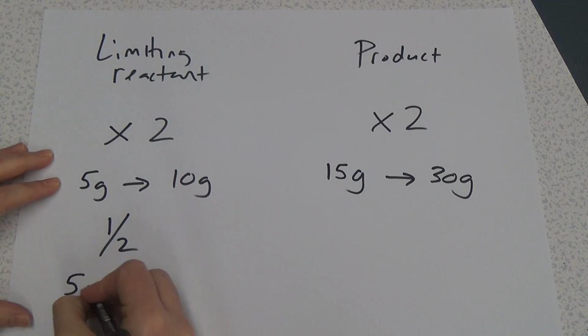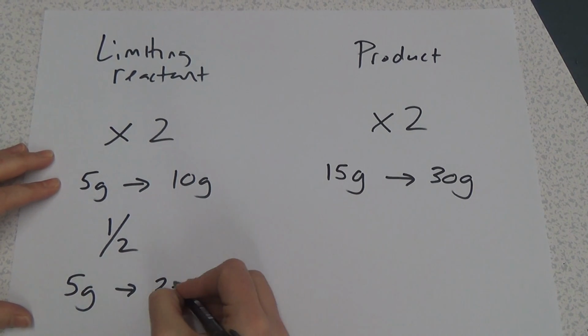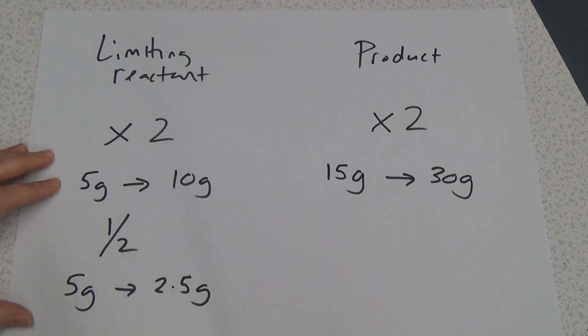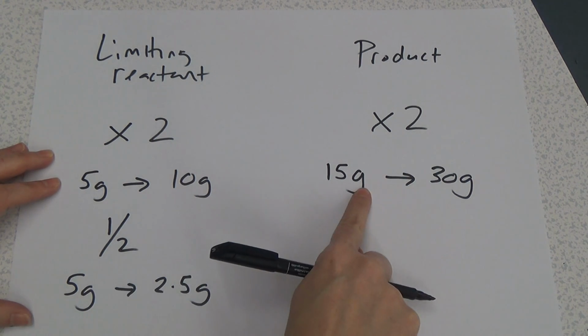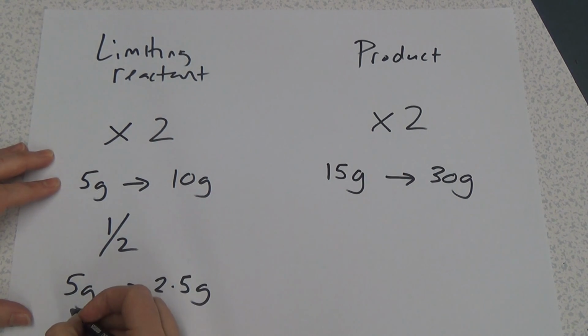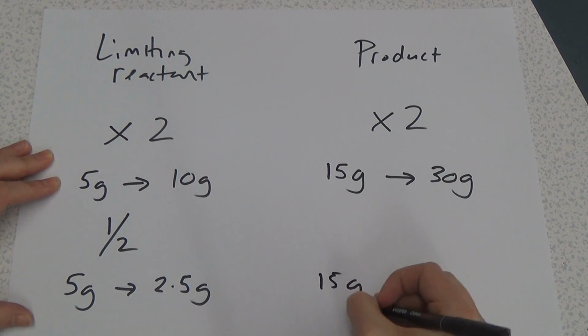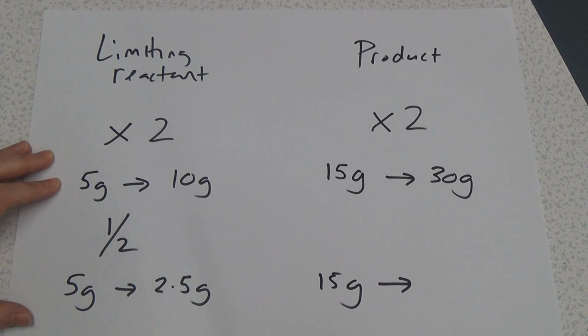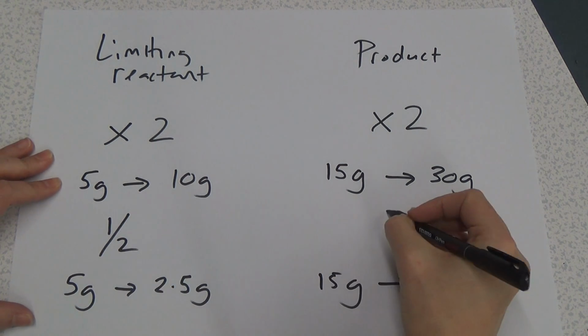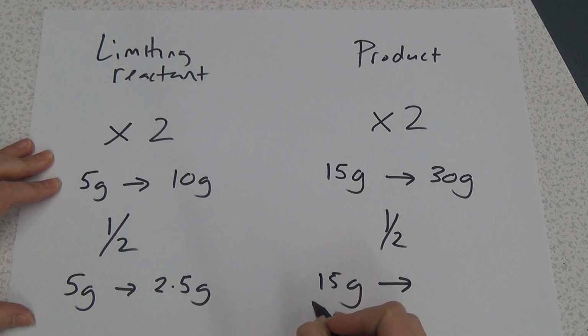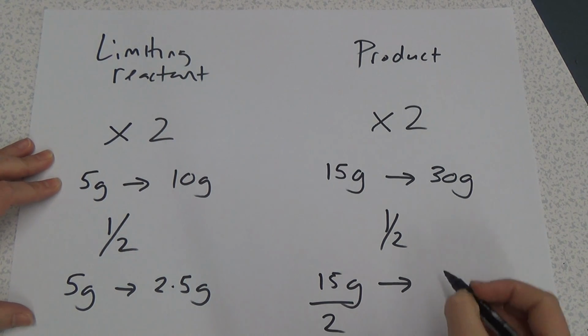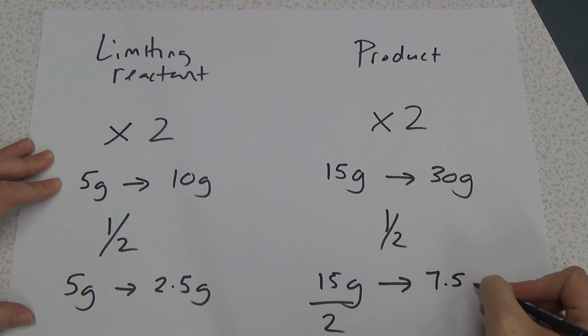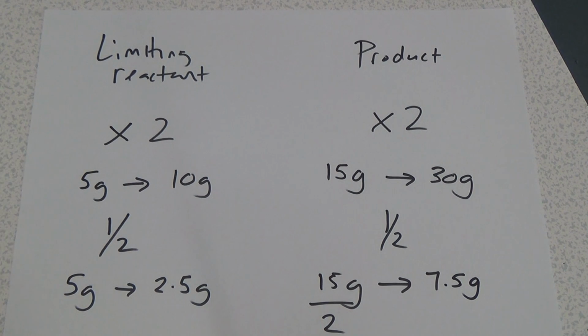We go from 5 grams and we take it down to 2.5 grams. Exactly the same thing will happen to our product. So if we again say that 5 grams of reactant will produce 15 grams of product, the same thing has to happen. If you half your limiting reactant, you will also half, by dividing by 2, your amount of product. So that would give us 7.5 grams instead.